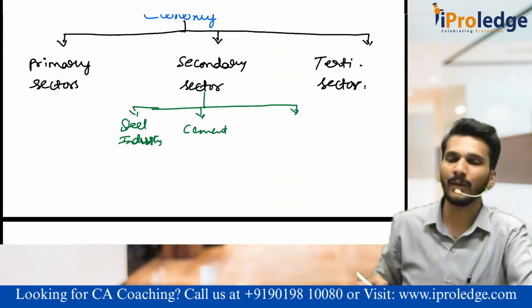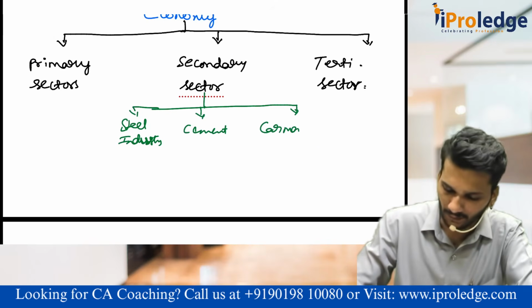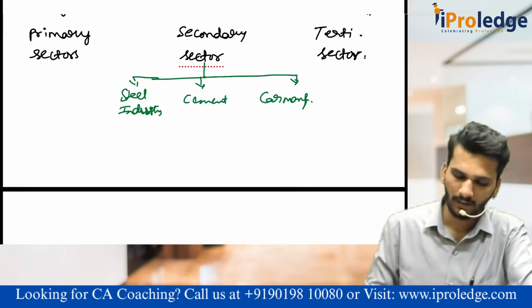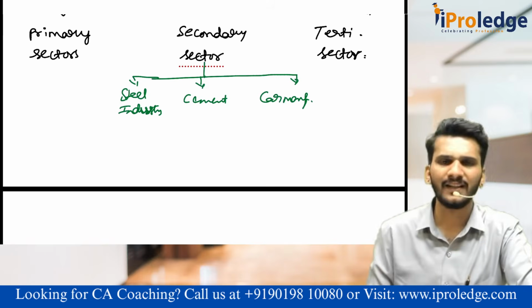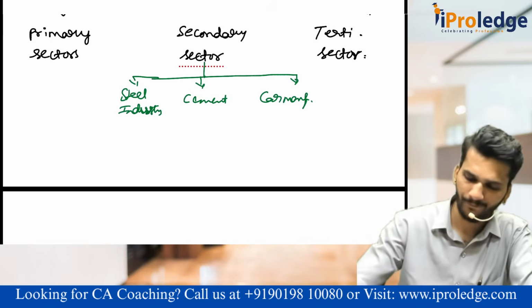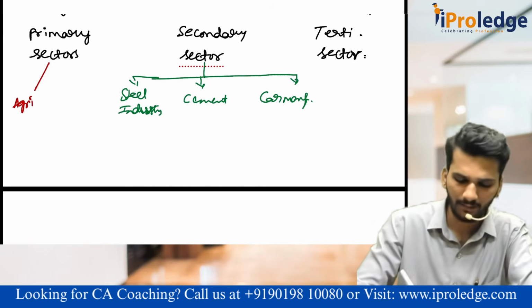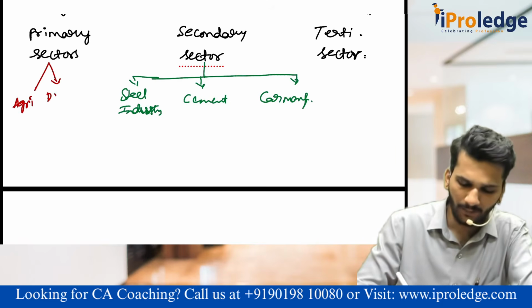For representation, I'm discussing this as an example. Then again, it comes car manufacturing. And like the same secondary sector, in case of primary sectors also, we can divide that into maybe what? Can you tell me? The primary is agriculture, maybe dairy farming.